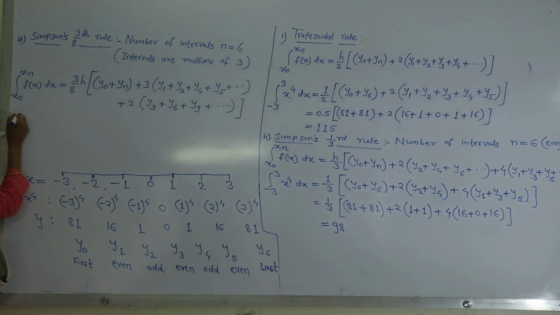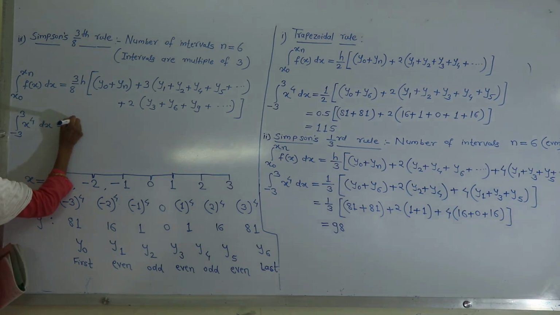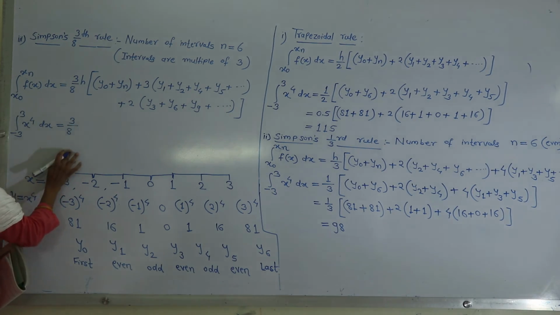Now the integration from minus 3 to plus 3 of x raised to 4 dx is equal to 3/8, h value is 1.